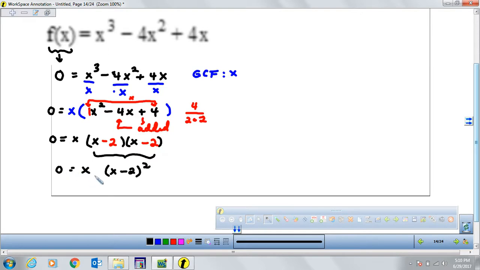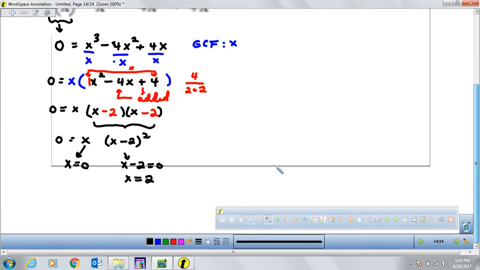Okay? So let's go ahead and solve for x. We're going to set each factor equal to 0 and solve for x. So x is equal to 0. x minus 2 is equal to 0, and if I solve for x, it gives me x equals positive 2. What can we say about this zero, x equals 2?